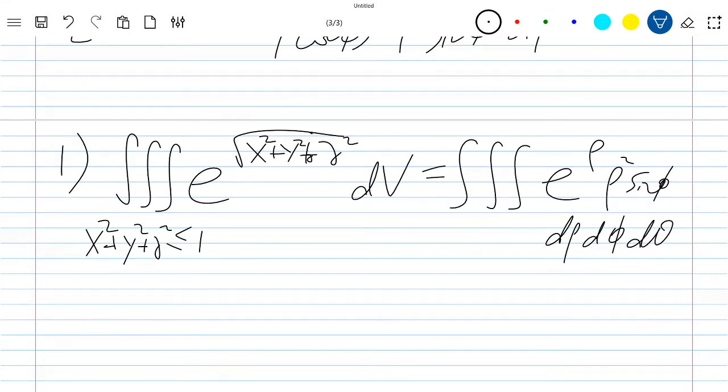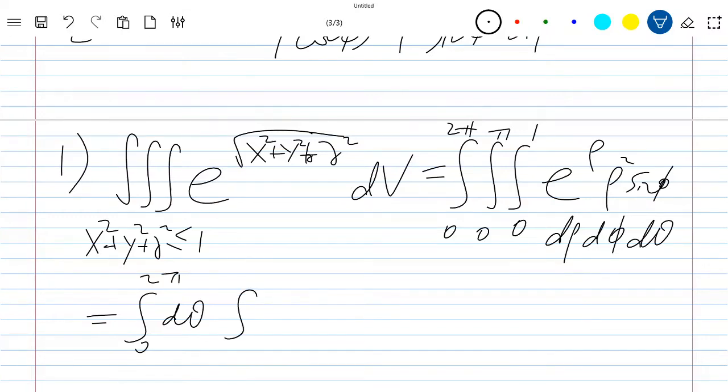Okay, what's the range? It's a sphere, so theta goes from 0 to 2 pi, and phi goes from 0 to pi, from north pole to south pole. And rho goes from 0 to 1 because that's the radius. Alright, then that's it. Then integrate. And you can see the integrations for theta, phi, and rho can be totally separated.